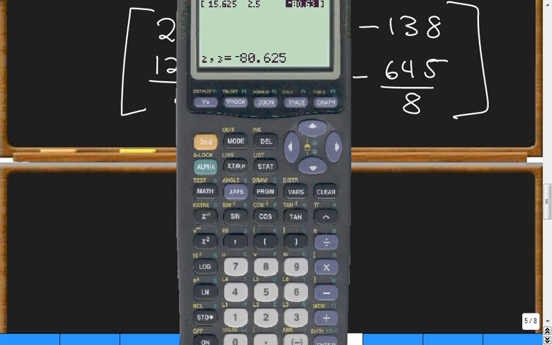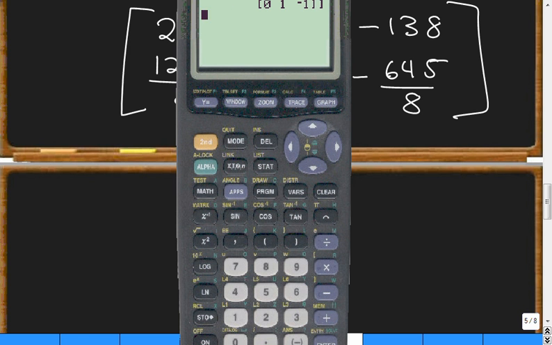Now we're going to use a feature of our matrix called row reduction. When we do row reduction form, it'll basically tell us our answer. So we're going to go to second matrix, over to math. There should be an option lower down that says RREF. And we're going to do RREF of our matrix A. When we hit enter, it says 1, 0, negative 5, and 0, 1, negative 1.